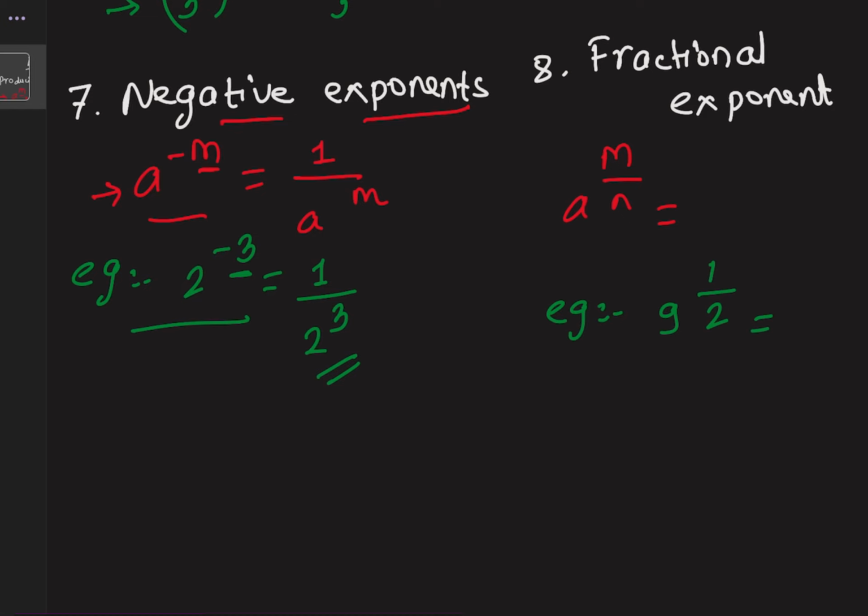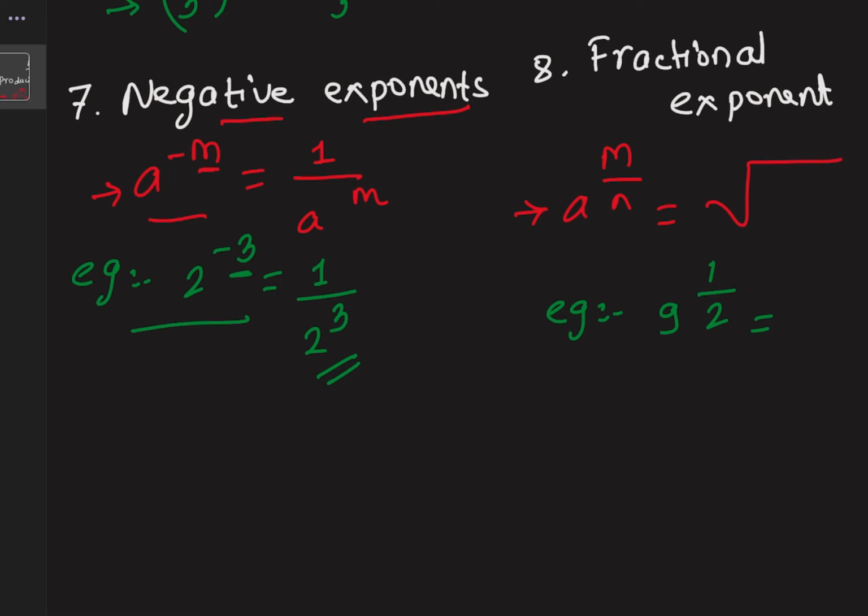And we have the other rule, the fractional exponent. The expression is a to the power m divided by n. If you see here, we have a fraction in the exponent. Earlier, in all the cases, the exponent was a single variable, let's say m or n or m times n, but in this case we have a fraction in the exponent, and a fractional exponent always indicates a root.